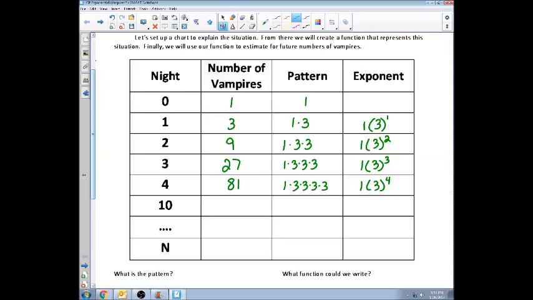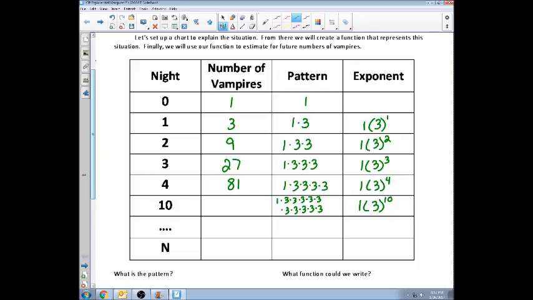Okay? After night 10, I have 1 times 3, 2, 3, 4, 5, 6, 7, 8, 9, 10. Well, let's write that as an exponent because that would be a little easier to type into our calculator. If you notice, every night is my power. So I'm going to have 1 times 3 to the 10th power.